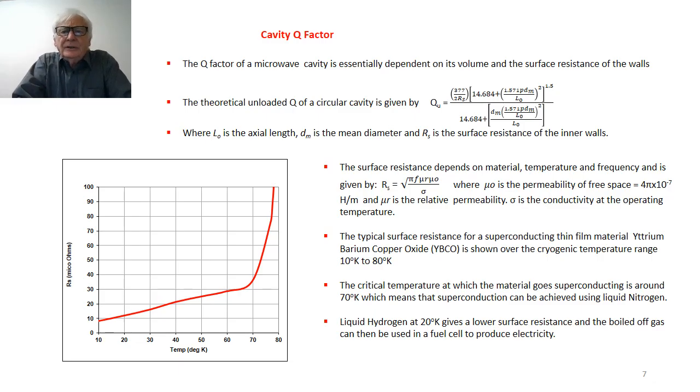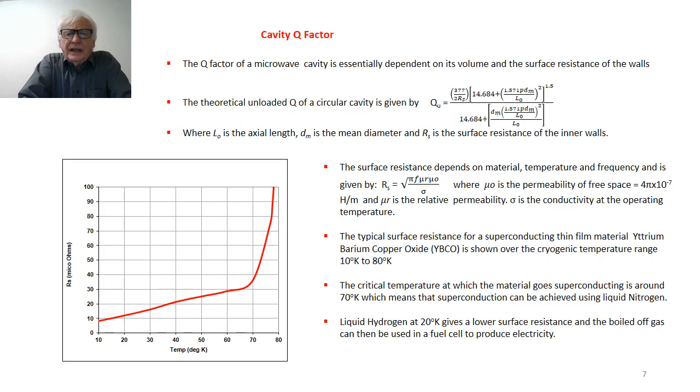If we look at the value of the surface resistance, you can see that it equals the square root of pi times the frequency times mu r mu naught divided by sigma. Mu naught is the permeability of free space, and mu r is the relative permeability, and sigma is the conductivity at the operating temperature.